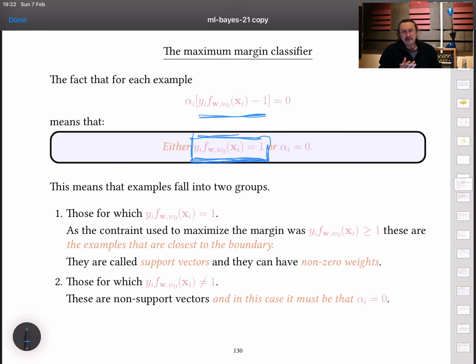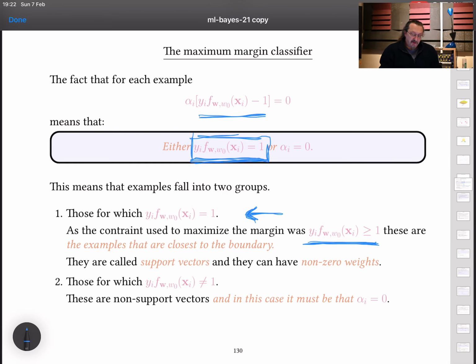And what that tells us is that the training examples, when we have a solution to this problem, will fall into two groups. The ones for which yi f(xi) is 1. Now, we were constraining the solution with that value being at least 1.